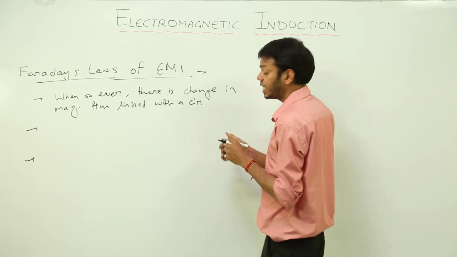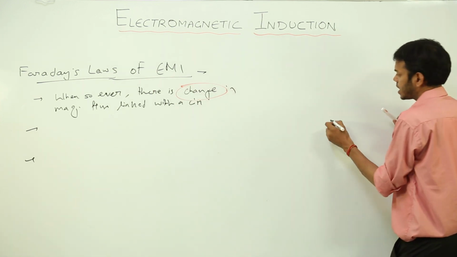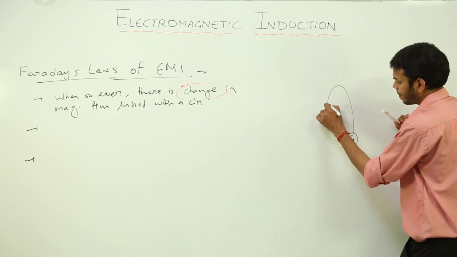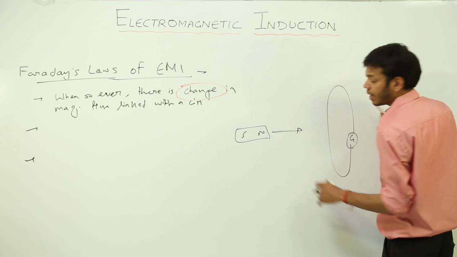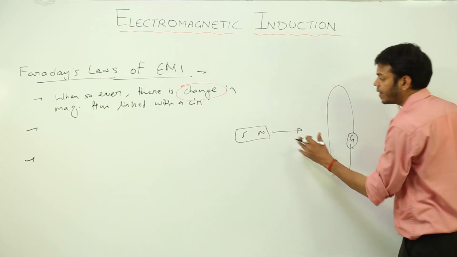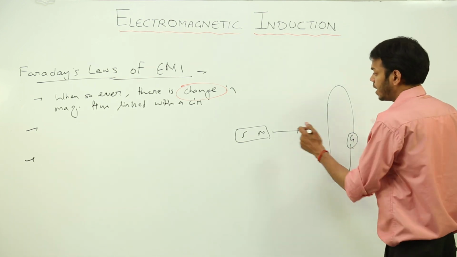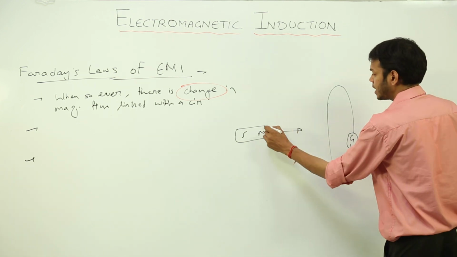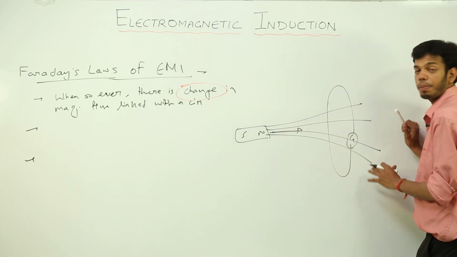Why did I especially mention this word change? Because in this simple experiment, when the magnet was here and it is taken towards the loop, or if it is taken away from the loop, nothing is changing except the fact, suppose the magnet is at this distance and only 4 lines are passing through this loop.